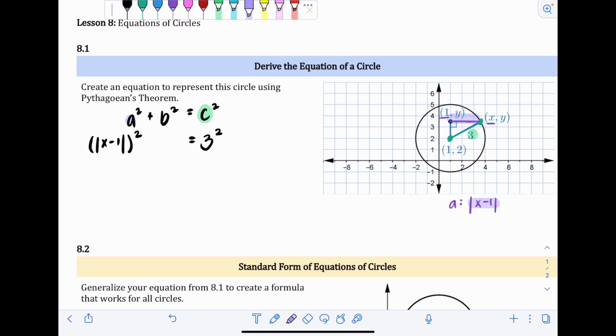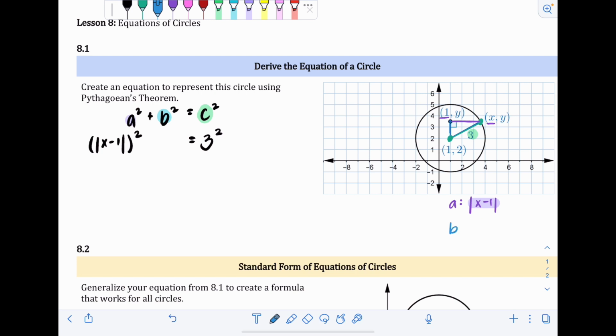To find b, it's going to be the vertical change between the 2 points, so the leg that goes up and down. Again, we don't really know this distance. It looks like a little bit more than 1, but not quite 2. Since it's the vertical change, I can find that change by subtracting the y coordinates.